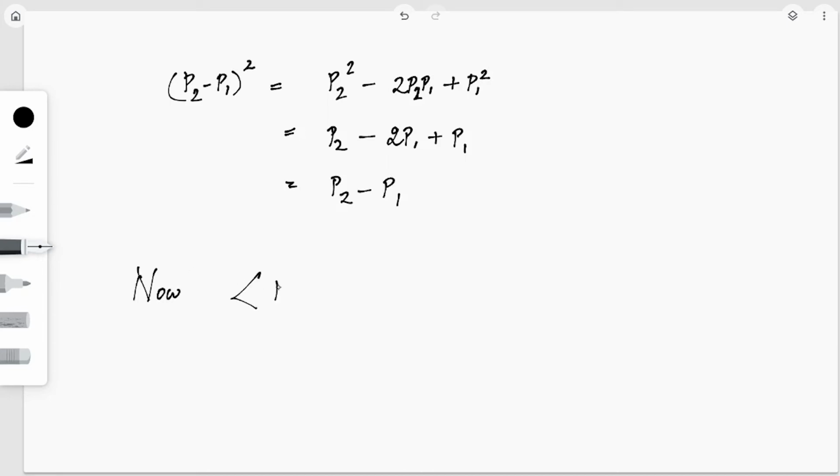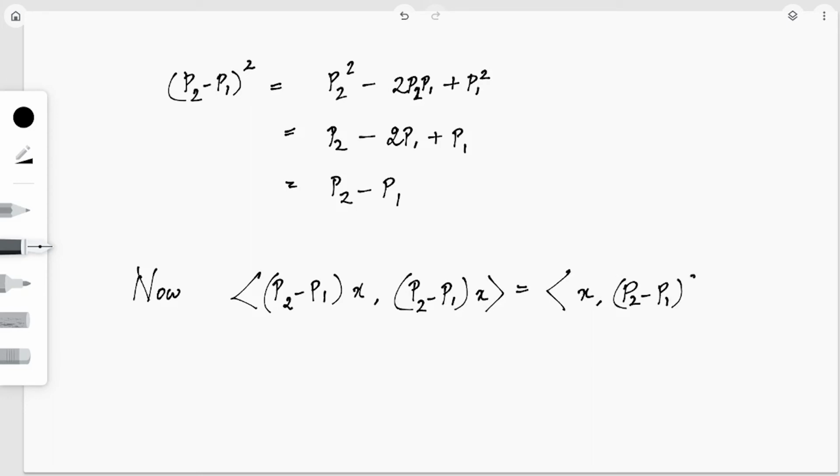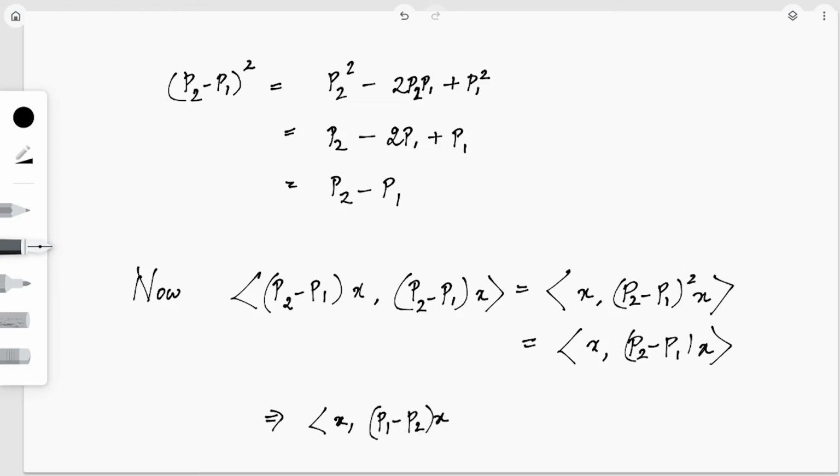Now let us calculate what is the inner product of (P2 minus P1) of X comma (P2 minus P1) of X. This is equal to the inner product X comma (P2 minus P1) whole square acting on X. Now P2 minus P1 is a projection, so this is nothing but (P2 minus P1) of X. Okay, so what I get is the inner product X comma (P2 minus P1) of X. Okay, this is equal to the norm of (P2 minus P1) of X square, which is always greater than or equal to 0.